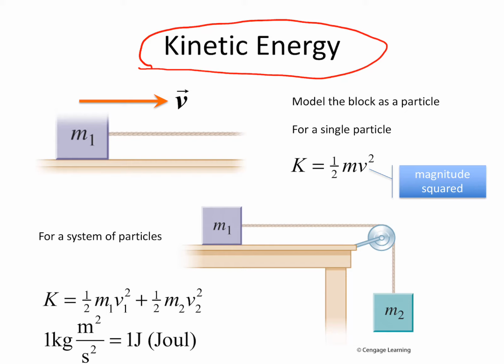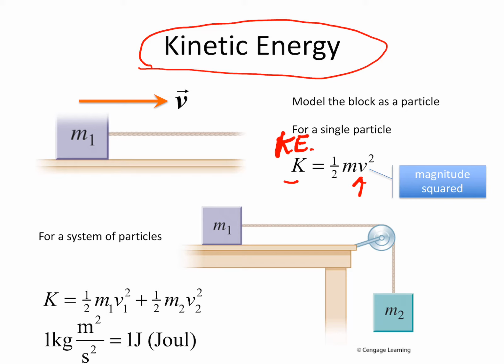Kinetic energy, sometimes we write it as KE, sometimes we just use E to denote it. It can be calculated as 1/2 m v squared, where m is mass and v is speed.